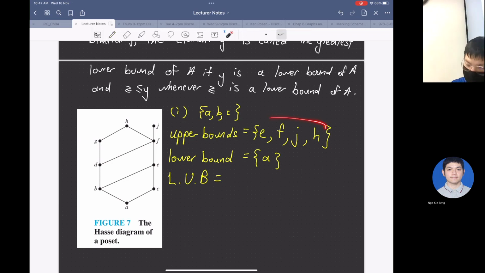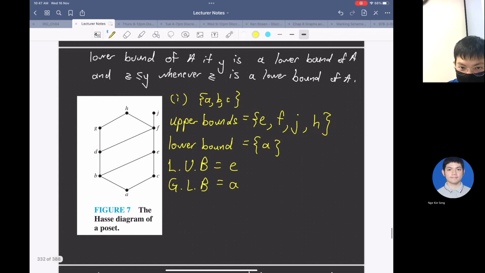Among the upper bounds, which one is the lowest one? E, because E is less than everyone else. So E. How about the greatest lower bound? A, because there's only A.